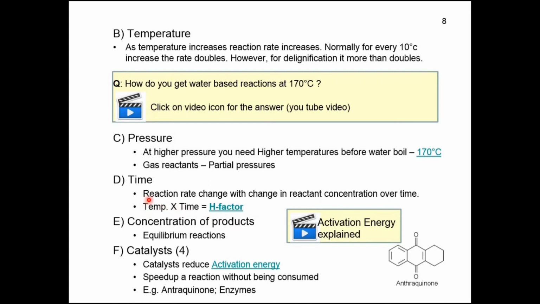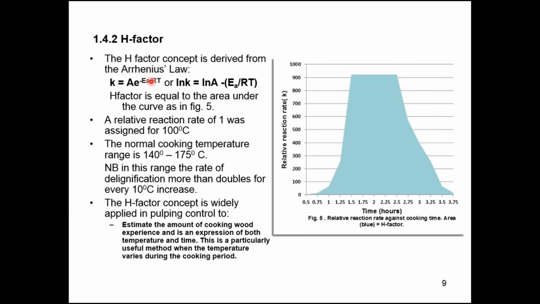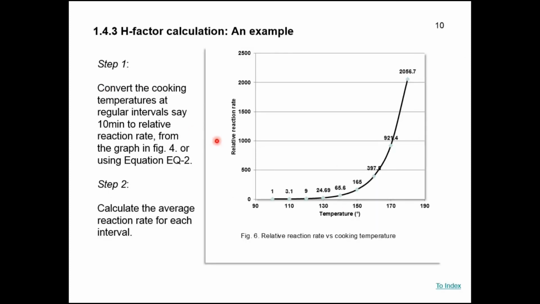It's the combination of temperature and time, and remember we converted the temperature part to a relative reaction rate, and then as we cook for a certain time the relative reaction rate changes due to the temperature changing, and there's this Arrhenius equation that we can use to convert temperature in kelvins to your reaction rate, or we can just use an equation like this, where we have the temperature in degrees Celsius at the bottom, and we use the previous equation to calculate your relative reaction rate.